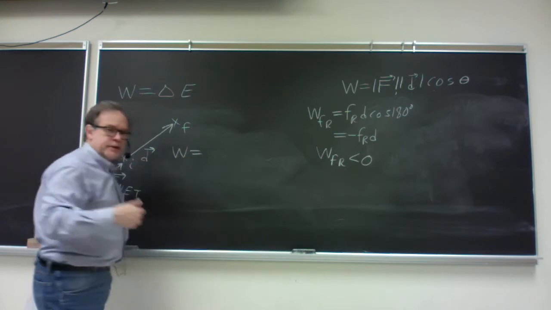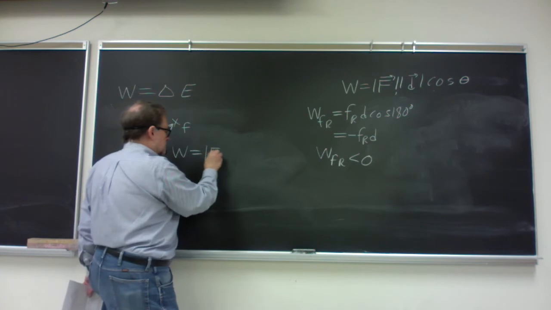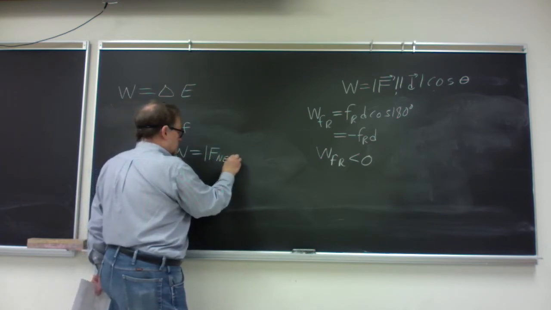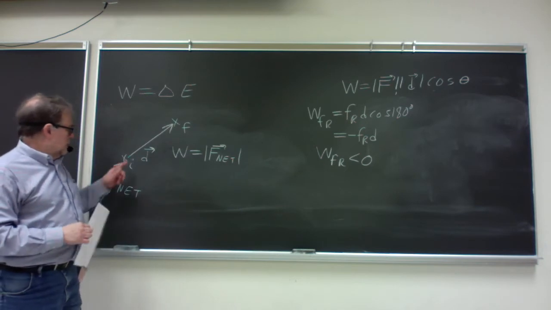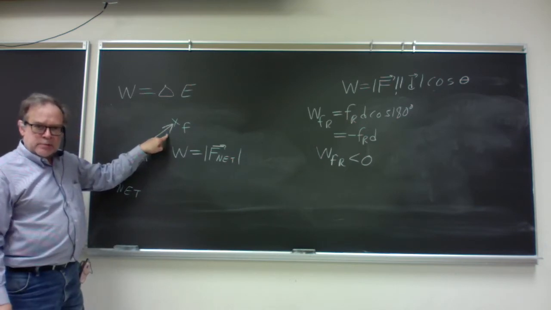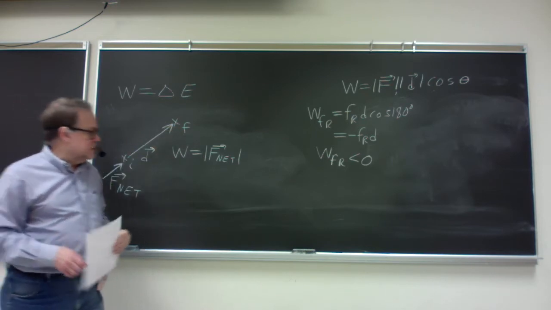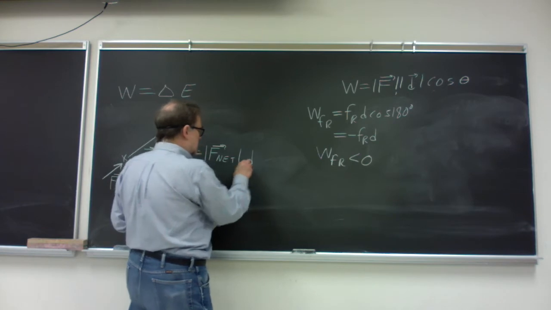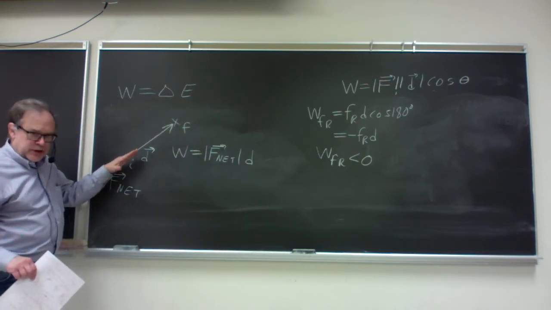It's just the magnitude of the net force times the magnitude of this displacement. And the magnitude of any displacement is just the distance between the starting point and the finishing point. We'll call that distance d, times cosine of the angle between the force direction and the displacement direction.